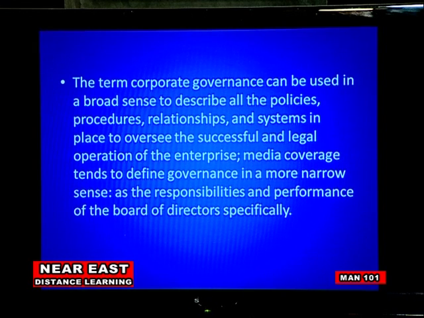The term corporate governance can be used in a broad sense to describe all the policies, procedures, relationships, and systems in place to oversee the successful and legal operation of the enterprise. Media coverage tends to define governance in a more narrow sense, as the responsibilities and performance of the board of directors specifically.